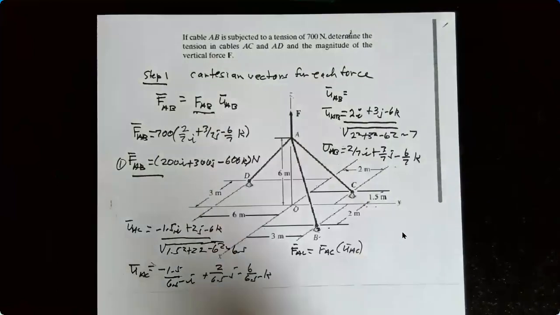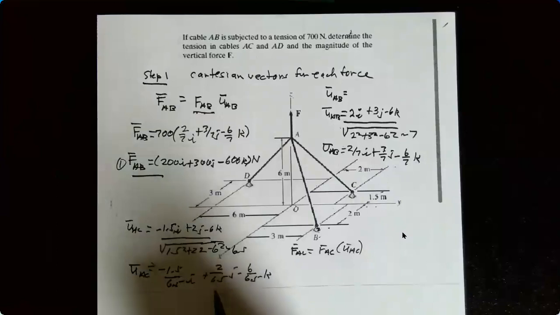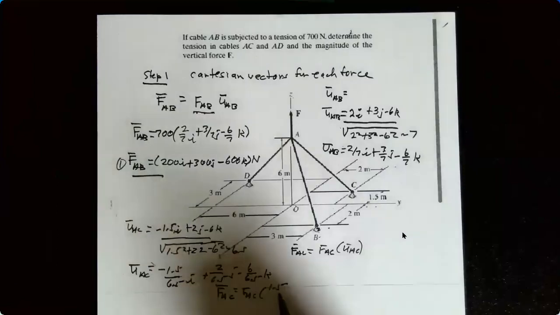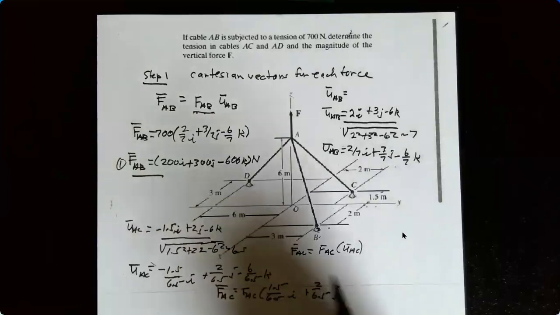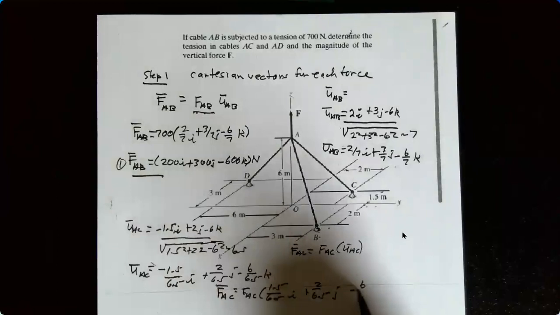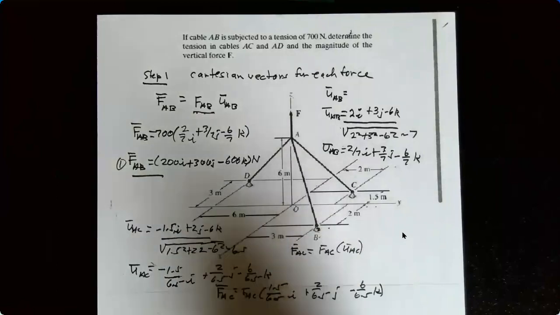And so I can write this under here. FAC is going to be scalar FAC times this unit vector, which is minus 1.5 over 6.5 I plus 2 over 6.5 J minus 6 over 6.5 K.